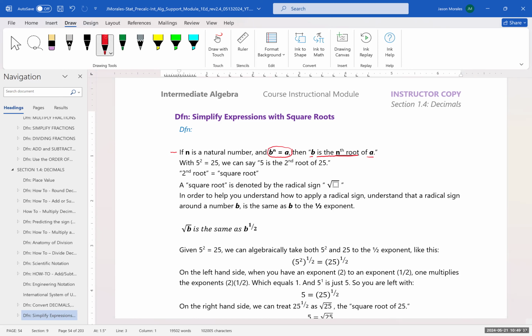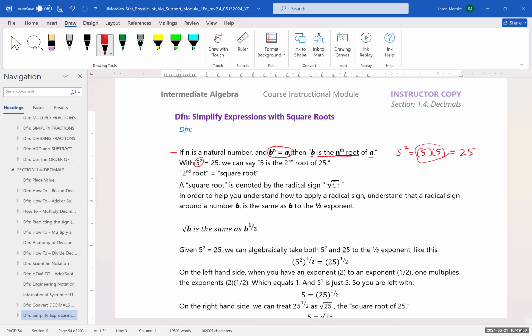So for example, with 5 squared equal to 25, remember 5 squared is equal to 5 multiplied by itself twice. That's equal to 25. So this middle part isn't being written here.